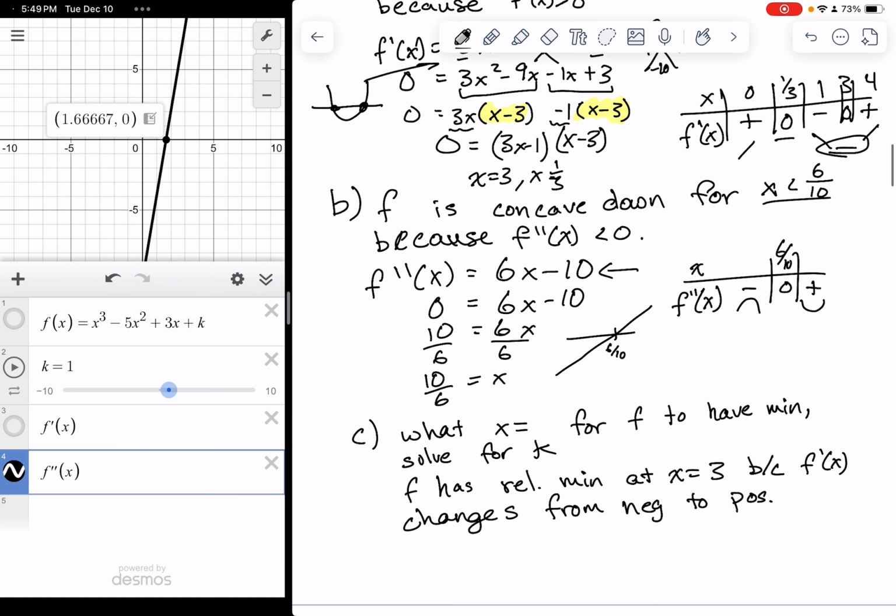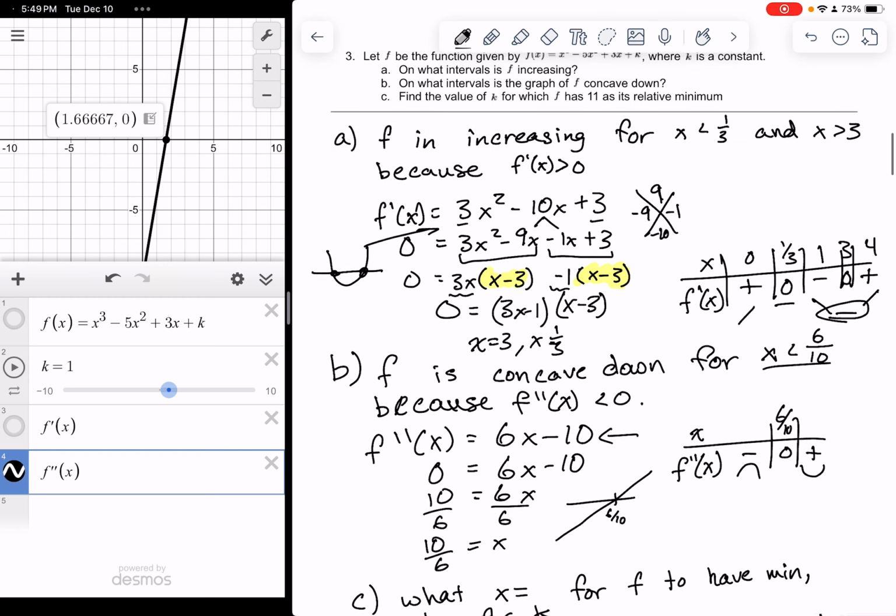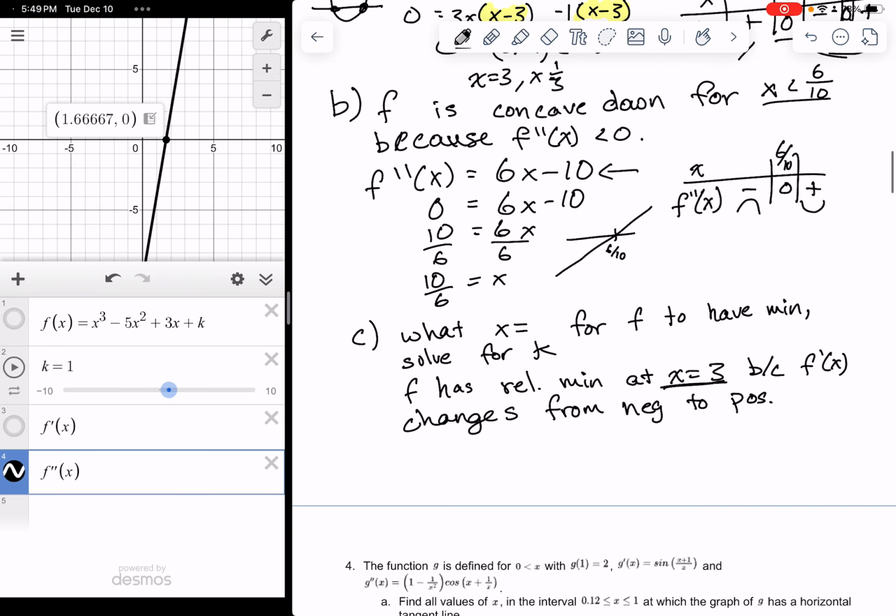Okay, so we know x equals 3, and we're trying to figure out, if the height of the graph is equal to 11, then what is that mysterious constant k? So we have to say f of 3 is equal to 11.